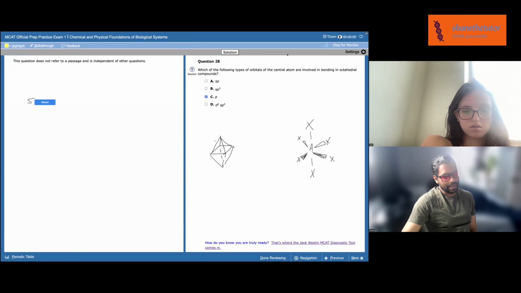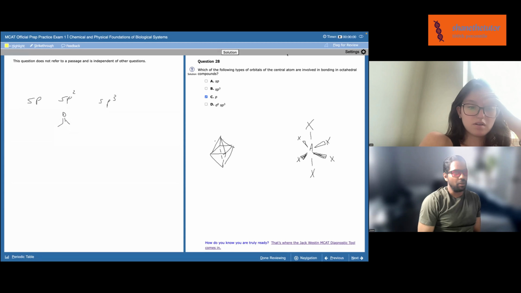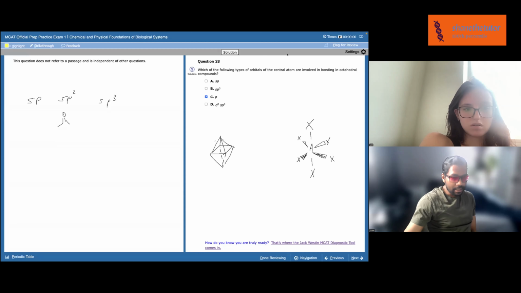So we have sp, sp2, sp3. sp is a linear structure. sp2 is like a ketone, a trigonal planar shape. sp3 is a regular single-bonded tetrahedral shape. But once you start introducing the d orbitals, with transition metals, you can get all these other types of bond geometries.